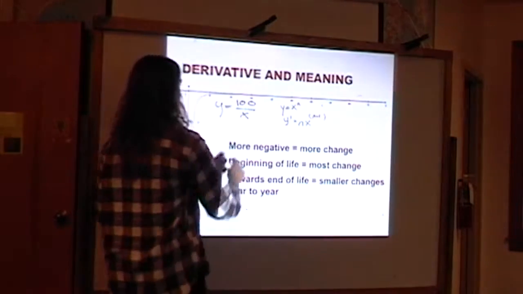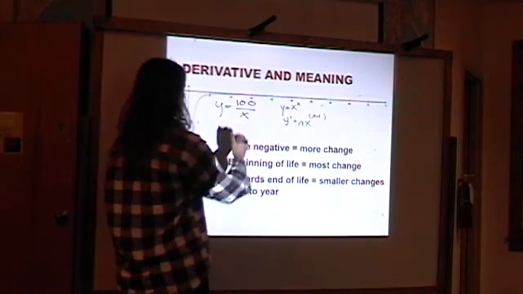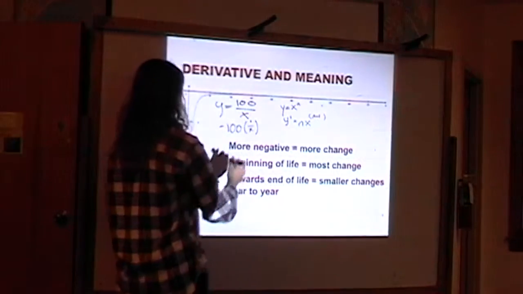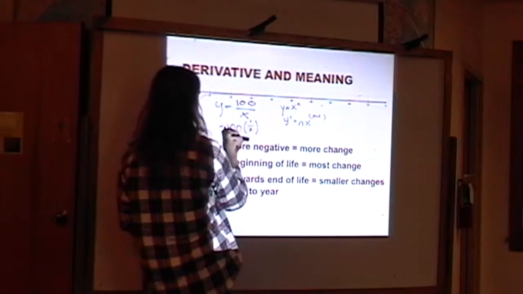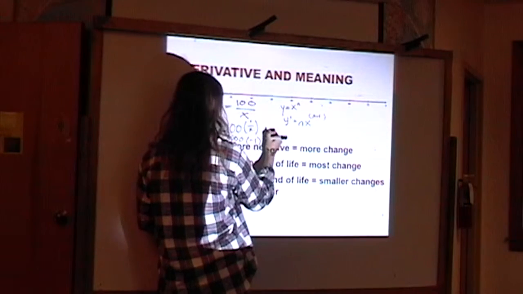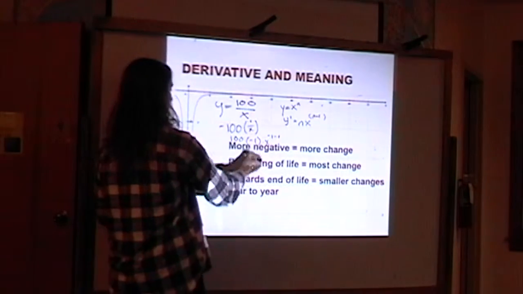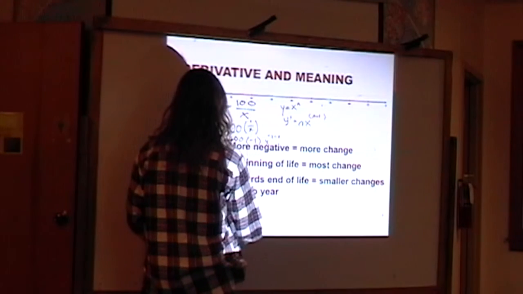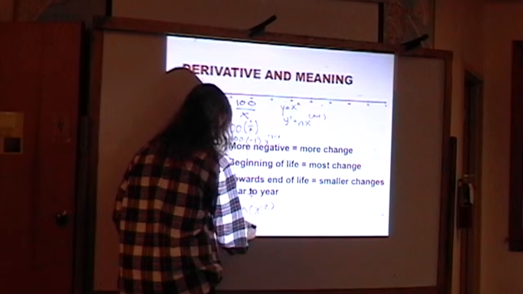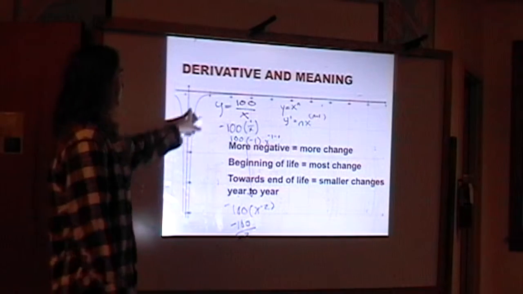So you have to change this into a power. So you bring it down to 100 times 1 over x equals y, and you take this out of the denominator. So you have negative 100 times negative 1 x to the negative 1 minus 1. So you have negative 100 times x to the negative second, which is the same as negative 100 over x squared, which is this equation.